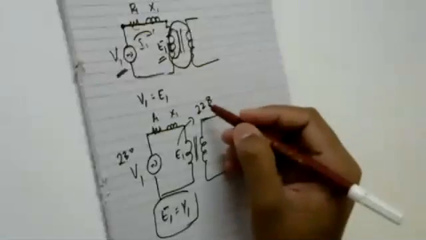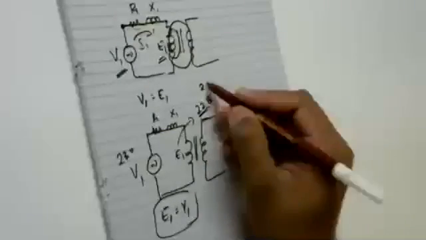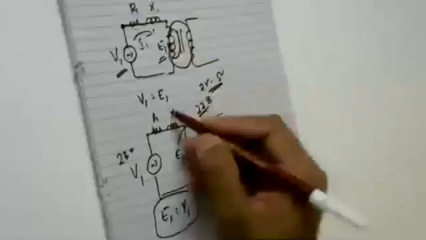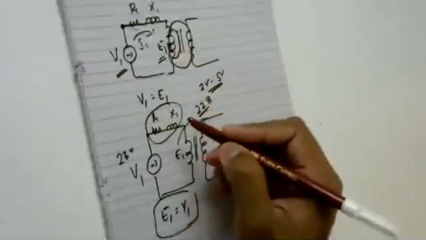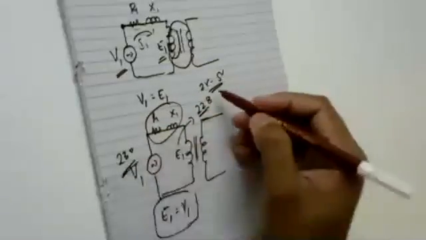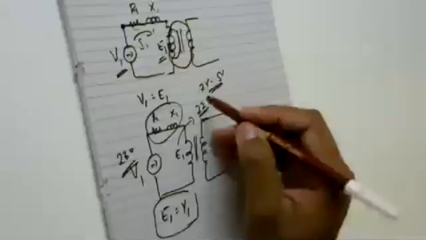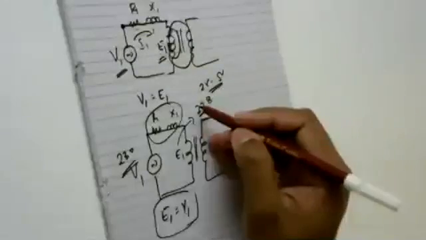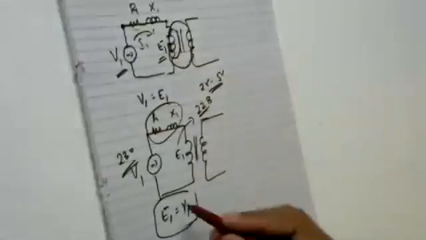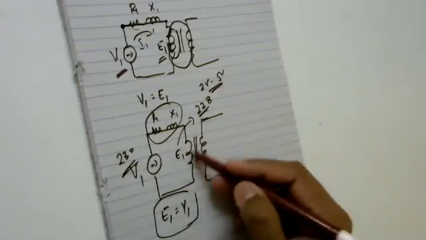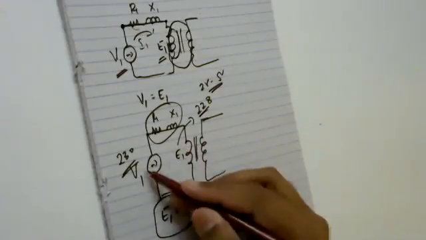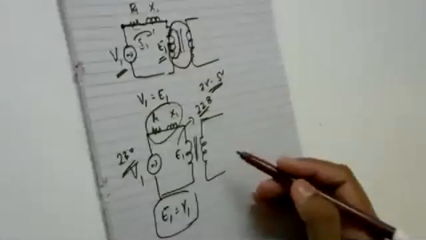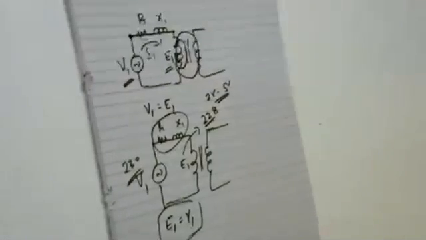So around 2 to 5 volts is the voltage drop that occurs here. When I compare this with 230 volts, the 2 or 5 volts can easily be neglected. That is the reason we approximate that the self-induced EMF equals the applied voltage. Okay, fine.